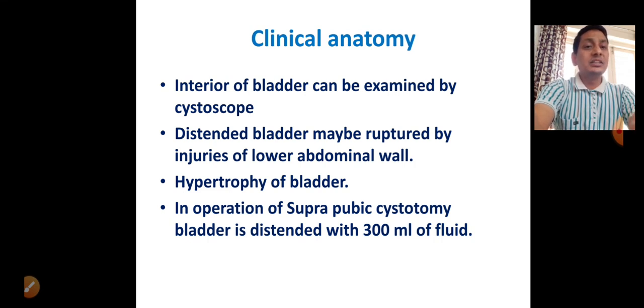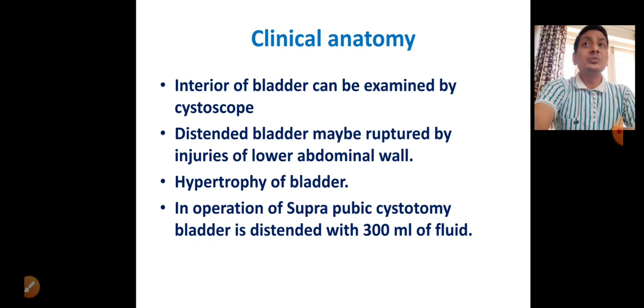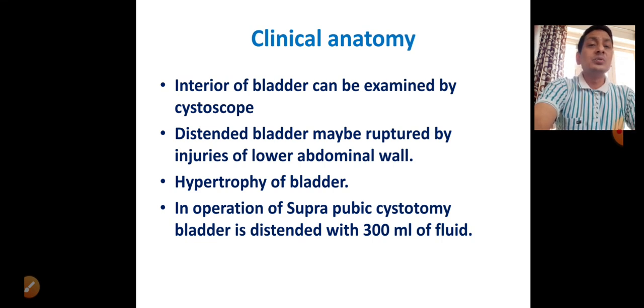Why is this done? Because by putting 300 ml of fluid into the bladder, it gets distended, and by this we can directly approach the urinary bladder without entering the peritoneal cavity.